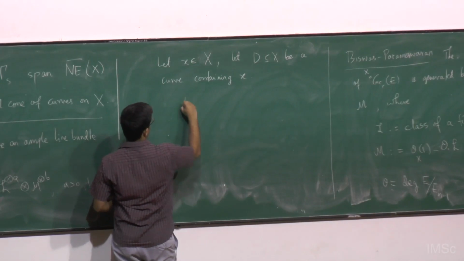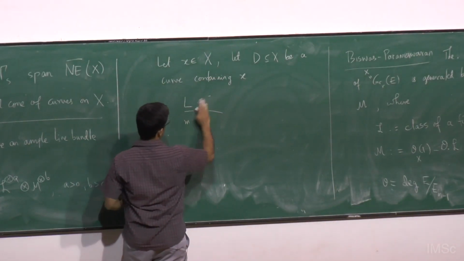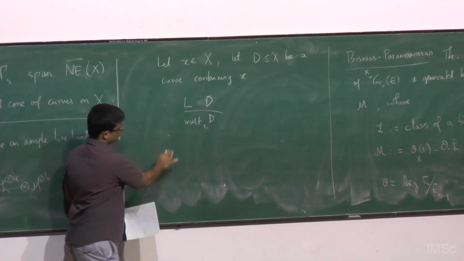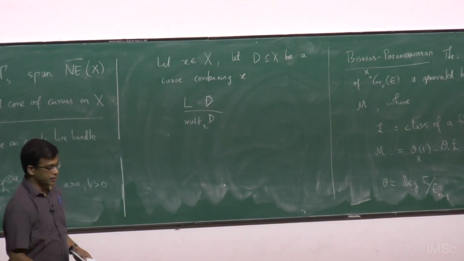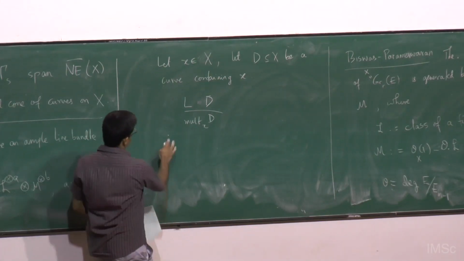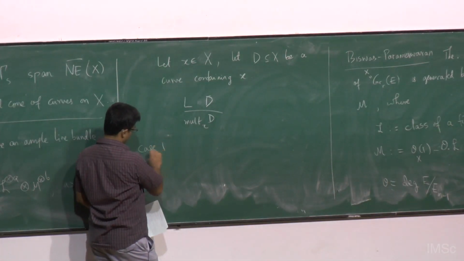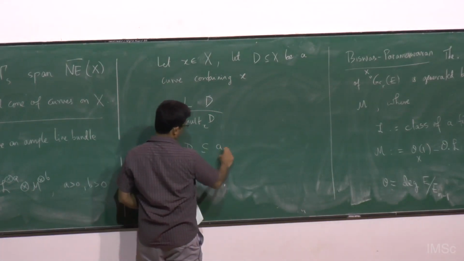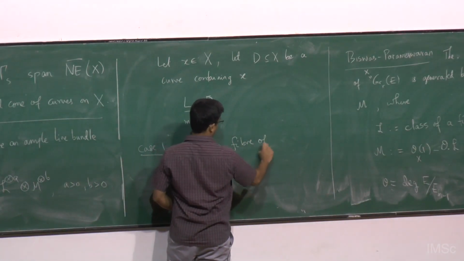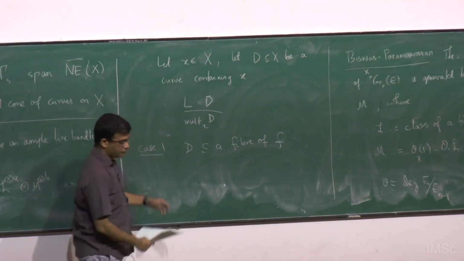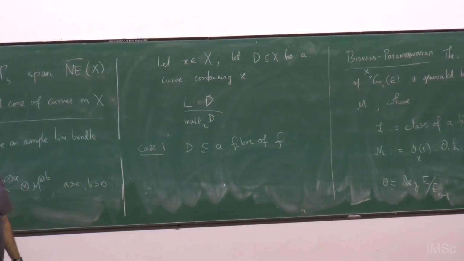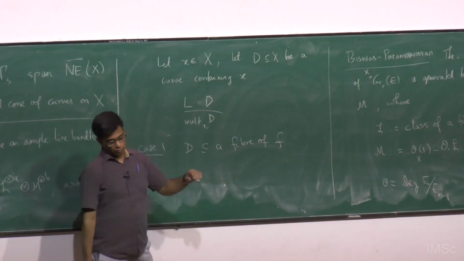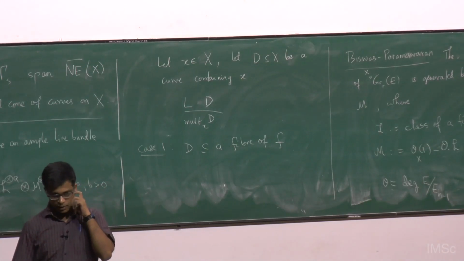So we are interested in this ratio. There are a couple of cases, so let me consider these cases. Case 1: suppose D is contained in a fiber of F, where F is the structure map from the Grassmann variety to the curve. Suppose D is contained in a fiber, but the fiber is a Grassmannian variety.